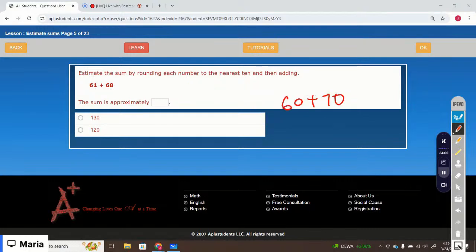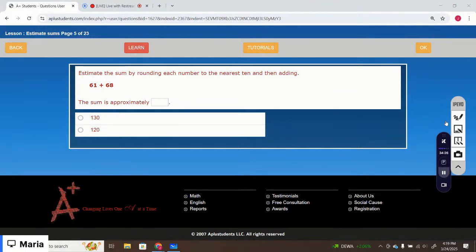So this sums up to 130. Option number 1 is the correct option. Okay, you can complete the lesson by yourself later today. Let me just move on to the next lesson.